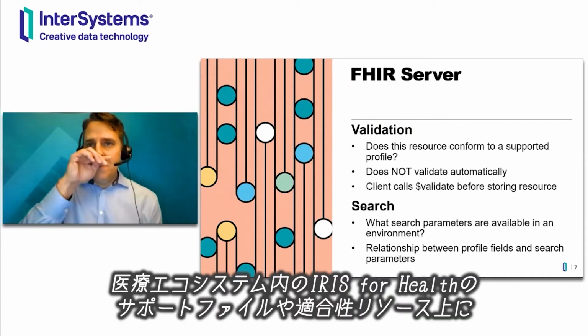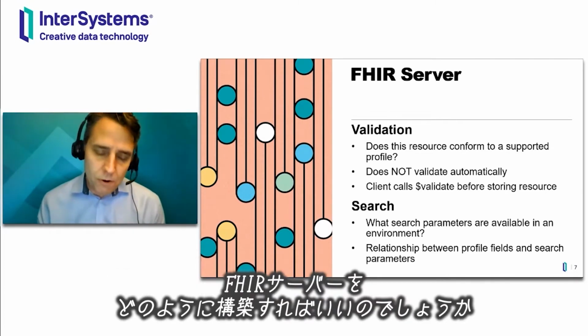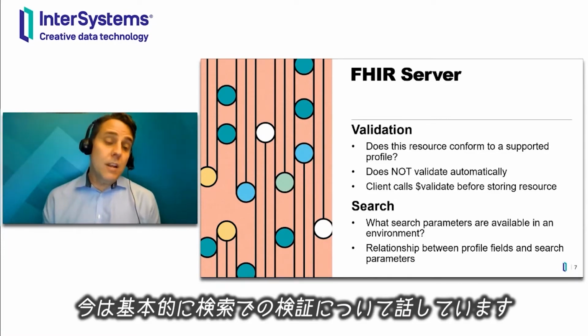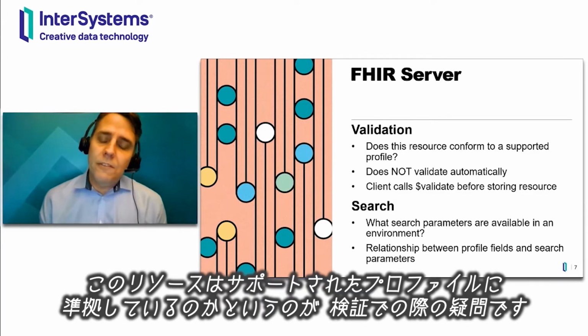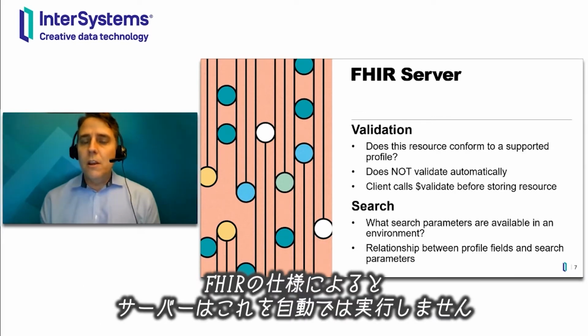So let's talk a little bit about how a FHIR server built on IRIS for Health supports profiles and other conformance resources in a healthcare ecosystem. Basically, we're talking about validation and search. So for validation, we're asking the question, does this resource conform to a supported profile? Now, according to the FHIR specification, a server does not do this automatically.